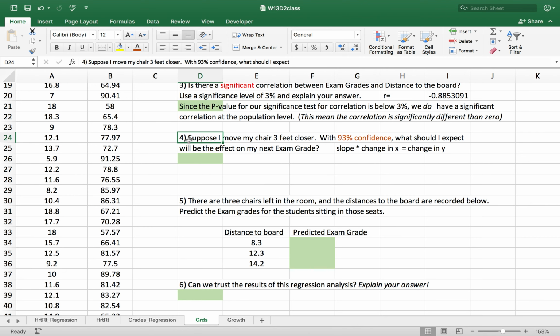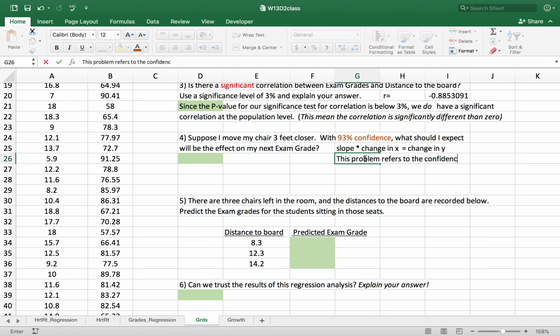Now, the only hitch or new part with this problem is that I'm talking about a 93% confidence. So I'm actually referring to the confidence interval for the slope term. And I want to take that confidence interval for the slope term and change it into a confidence interval for the change that I would expect to see in my next exam grade.